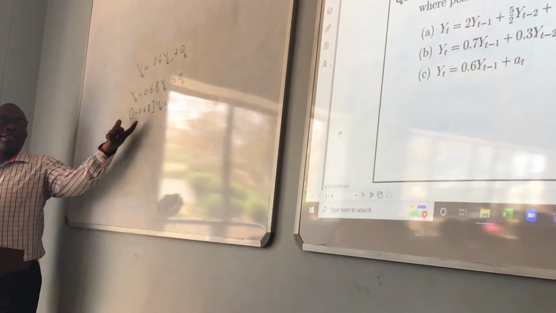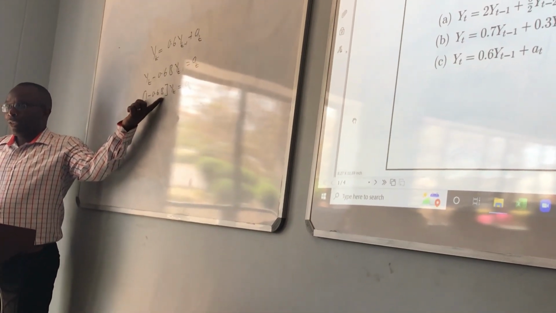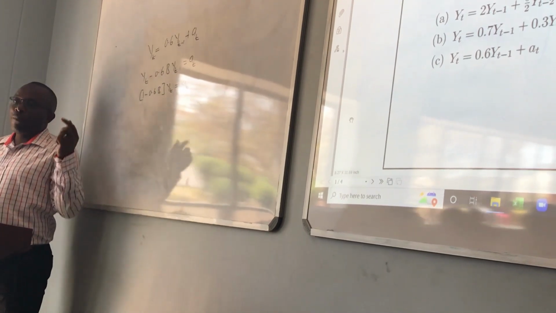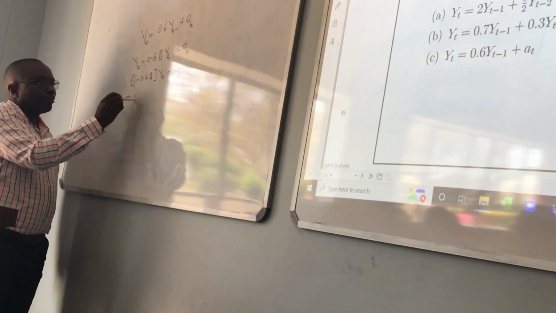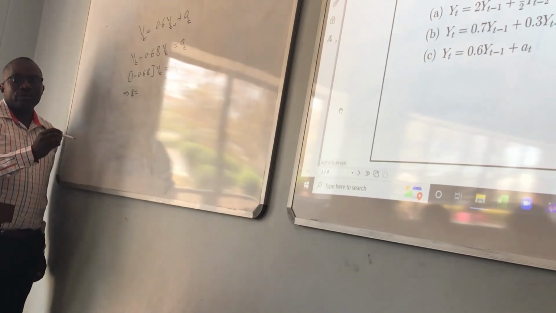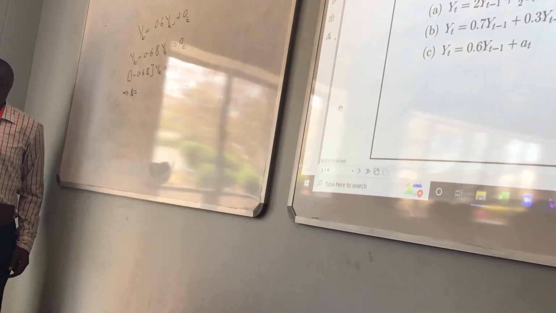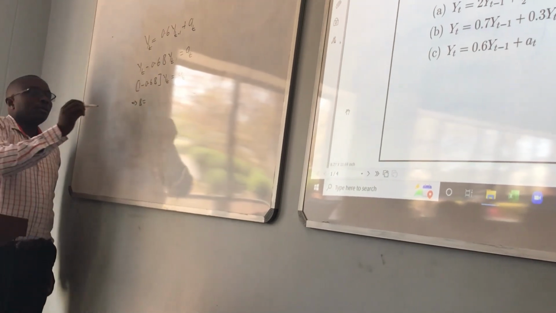Then this is our characteristic polynomial, equal to 0, and solving for B, what do you end up with? B is equal to 1.67.